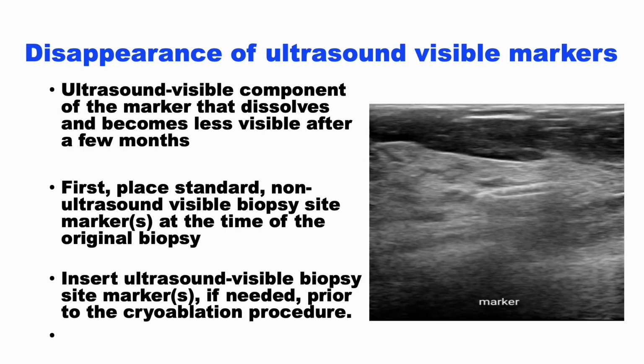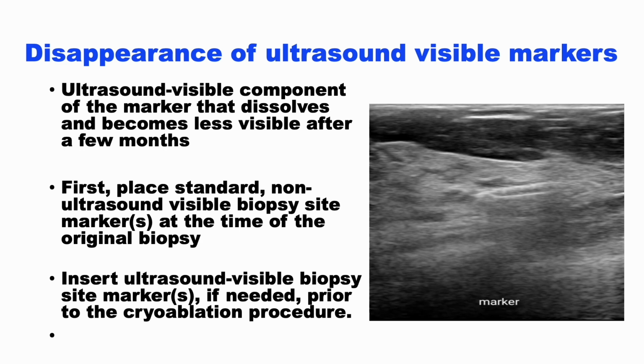In part 1 of the presentation, I discussed the advantages of placing ultrasound visible markers to facilitate ultrasound-guided cryoablation. There's one catch. The preferred ultrasound visible biopsy site markers have an absorbable part made of collagen or hydrogel that is ultrasound visible, and a second metallic part made of titanium or steel that is visible on mammography but not visible on ultrasound.